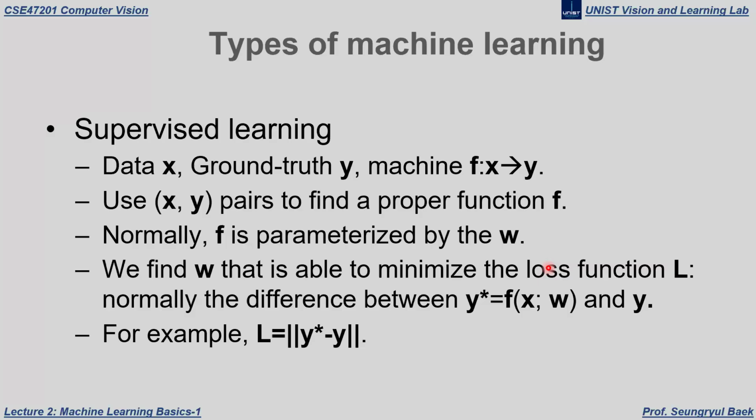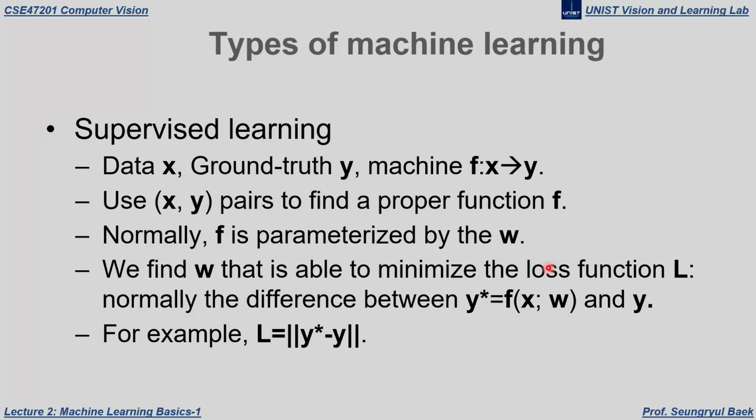But using this n number of data, we can gradually update A and B. There is a mathematical formula for this to update A and B using the n number of data.